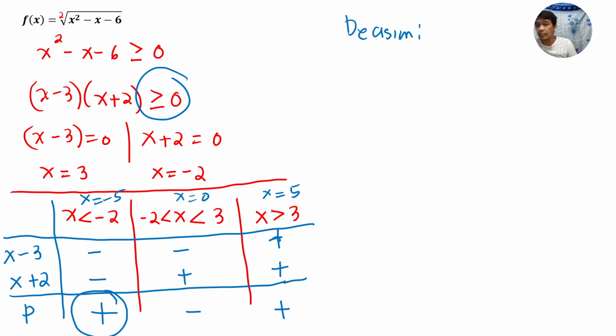So, of course, ang condition, x must be or your radicand must be greater than or equal to 0. So, therefore, ang answer natin ay yung parehas na positive. So, ibig sabihin, yung x less than negative 2 in union with x is greater than 3.